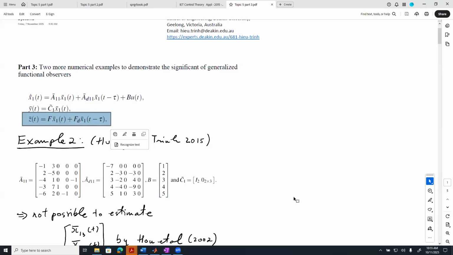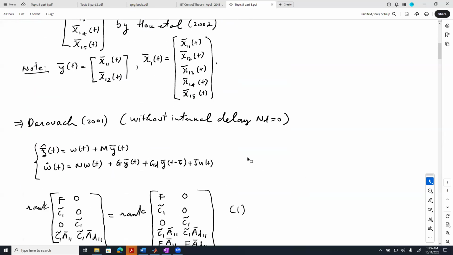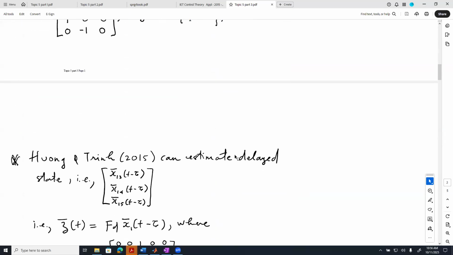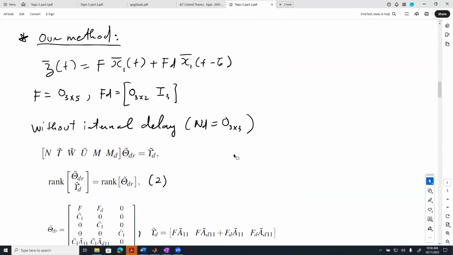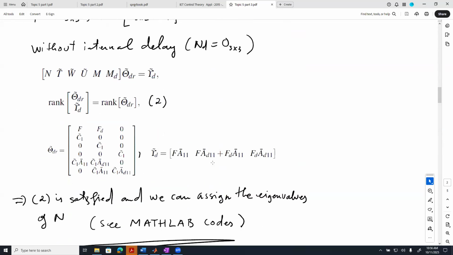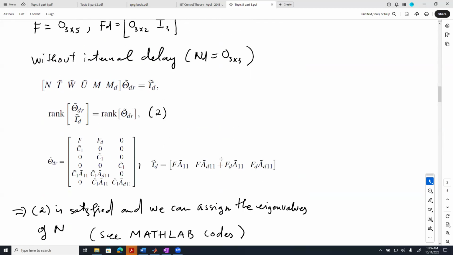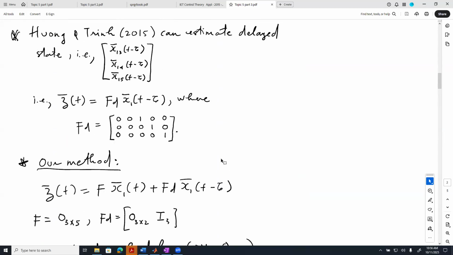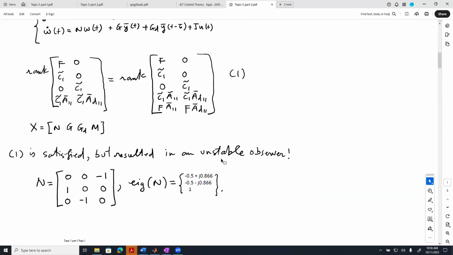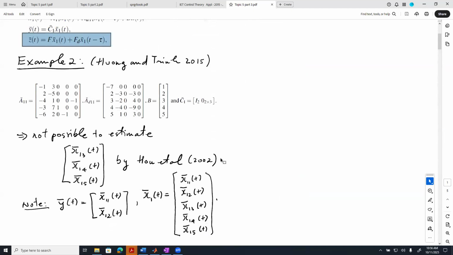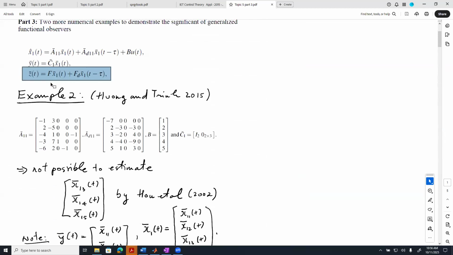And in this approach, which we demonstrate in here, it can be done fairly easily and systematically. So this example is basically telling us that the design of generalized functional observers for this system is a novel way to go.